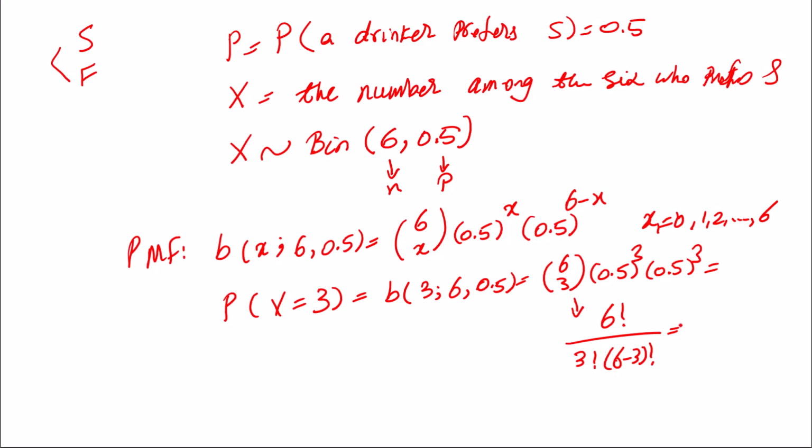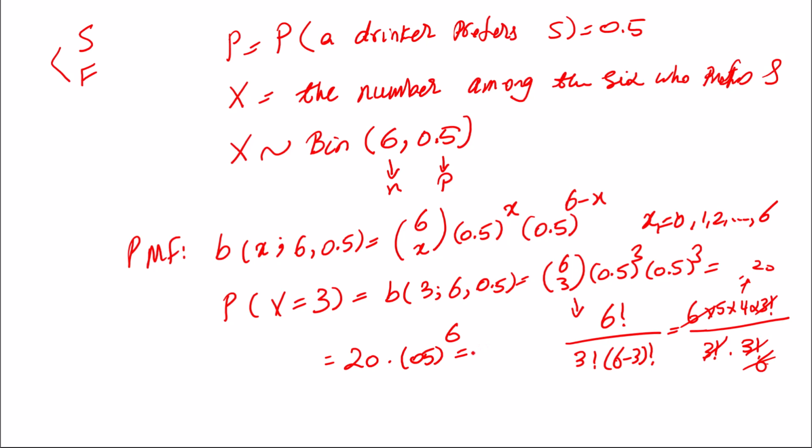So it will be 6 factorial, multiply 5 multiply 4 multiply 3 factorial, divided by 3 factorial, 3 factorial, right? So this we cancel out, and this will be 6. So 6 by 6 will cancel out, so it will be 20. So it will equal to 20 multiply 0.5 in power of 6, which gives us 0.313.